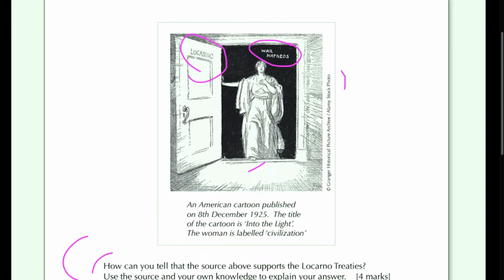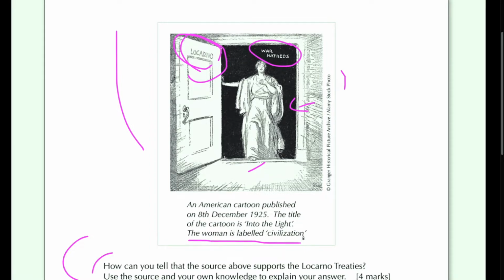Because why? Because if we analyze this picture here, it shows Locarno as an open door. How do I know? Because Locarno is written here. So Locarno is an open door, which is allowing the female figure, which is this one here, and the meaning of this figure is civilization. This is what we have read in the text. So the meaning of this word is civilization, and that's why here the woman is labeled civilization.